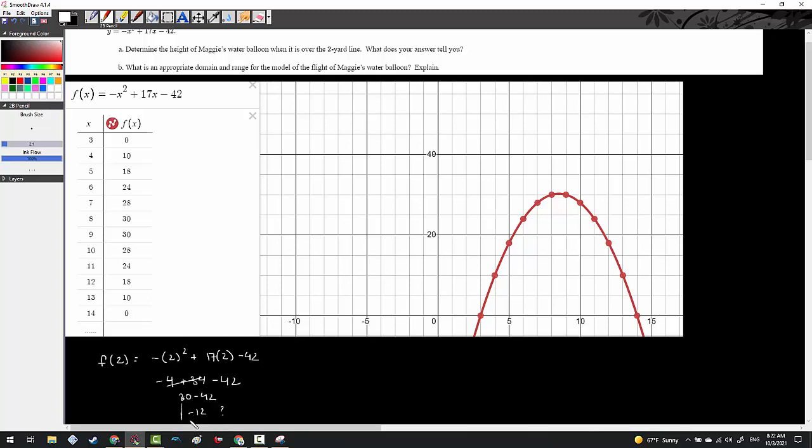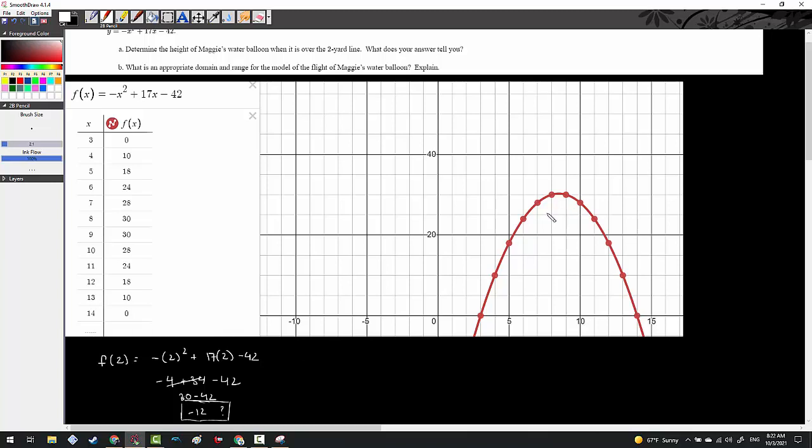Now, here's the thing: what they're saying is that at this point in time, at the 2-yard line, Mags's balloon is 12 yards below the surface of the Earth. We're trying to figure out, does this actually make any sense? What does this answer tell you? Well, this answer tells us that Mags's balloon is below the Earth. That can't happen, right?